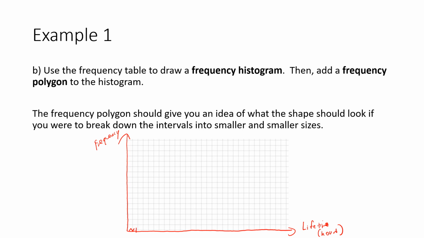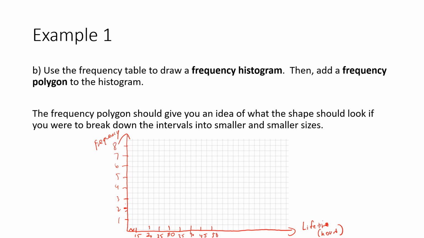We can start at, say, 15 here, then 20, 25, 30, 35, 40, 45, and 50. Then on the vertical axis, we count 1, 2, 3, 4, 5, 6, 7, 8.